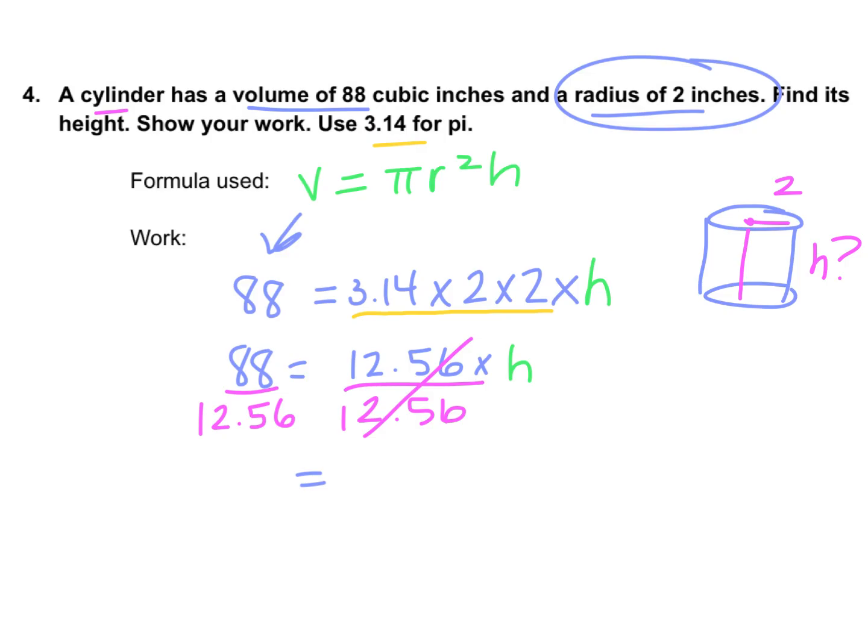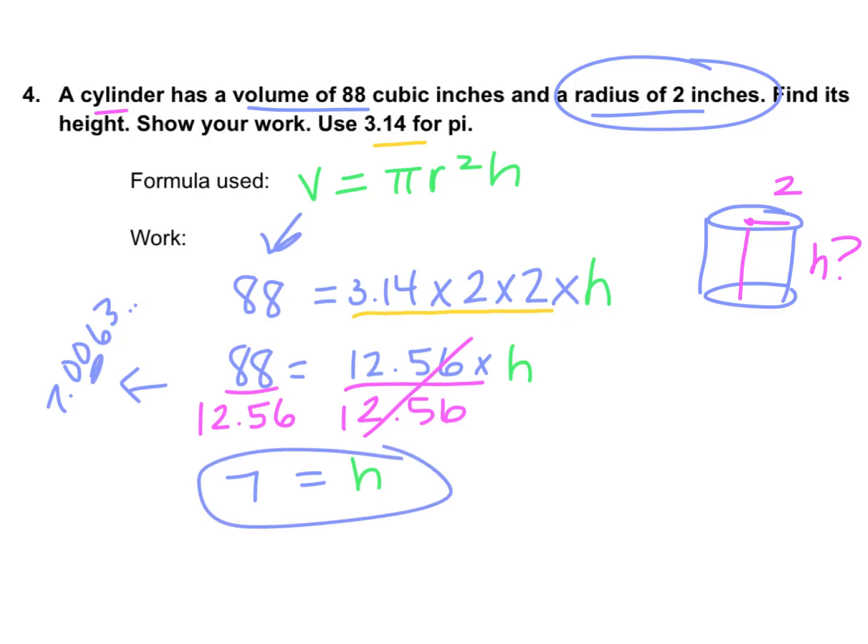Let's see, so I'm going to go ahead and do 88 divided by 12.56, and I do get a bit of a decimal, like 7 point something, so I'm going to say that my height is 7. So I did get that decimal, but there's a lot of zeros there in the tenths and the hundredths place. So I'm going to think it's safe to say that my answer is 7.